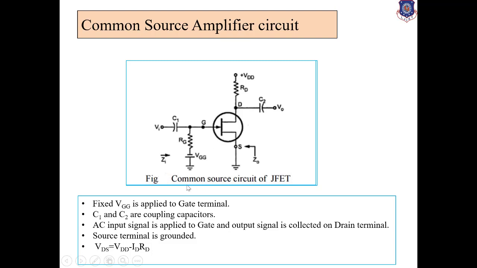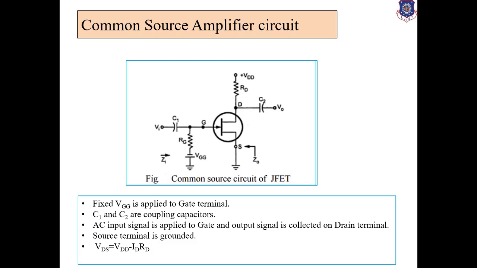As shown in this figure, the common source circuit of JFET, the source terminal is common, that means grounded. Here Vi is applied to the gate terminal and the output is taken out from the drain terminal, right? This is G, this is D, Vi is applied to G and Vo is taken out from D.